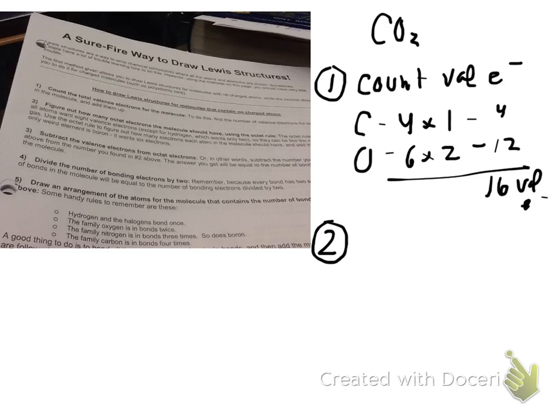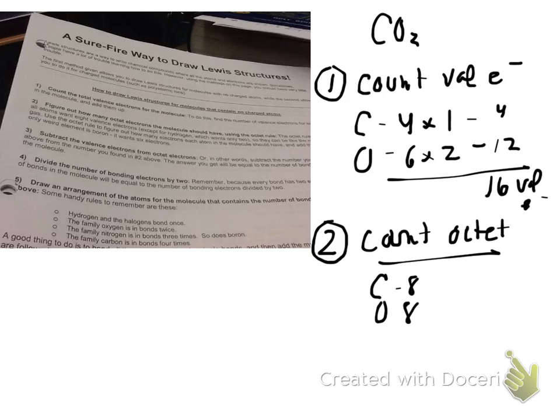Number 2 is what he calls counting up the octet electrons. This is really just counting up how many electrons everything wants. If you have some exceptions like hydrogen or boron, where they don't want to get to 8, you need to handle this differently. But carbon and oxygen each want 8, times 2, times 1. We get 24 what we call octet electrons.